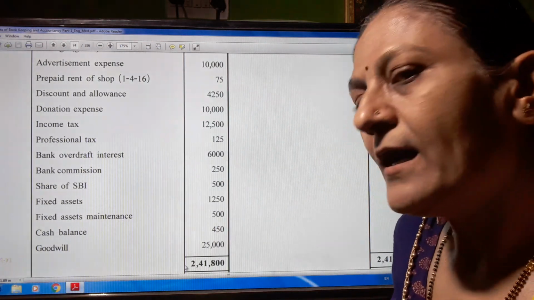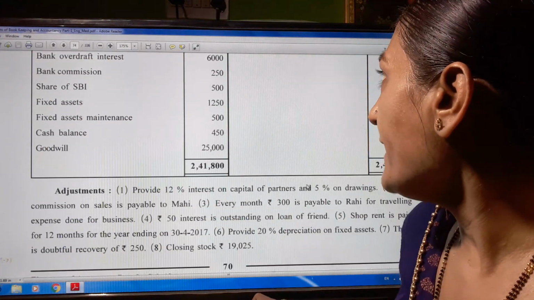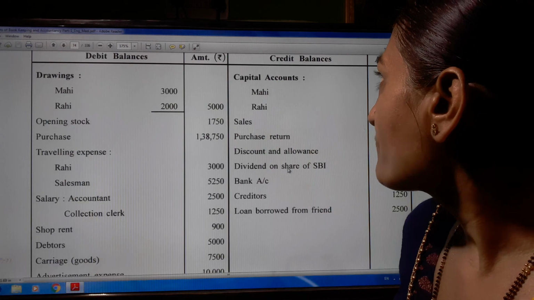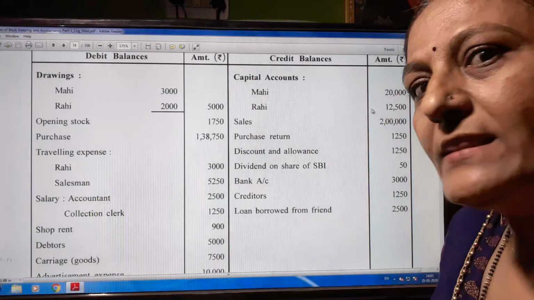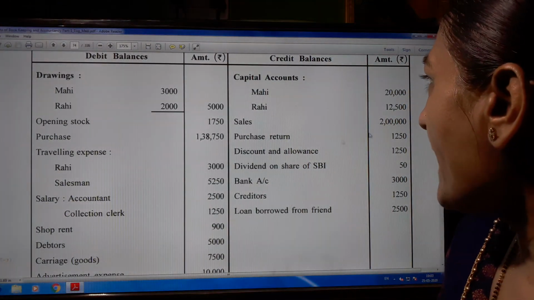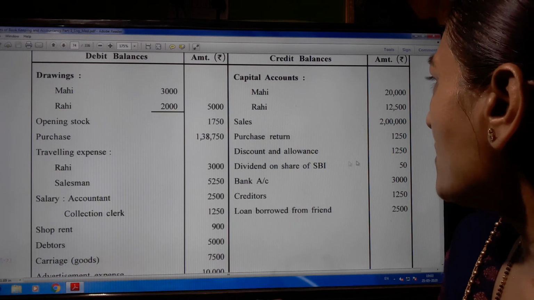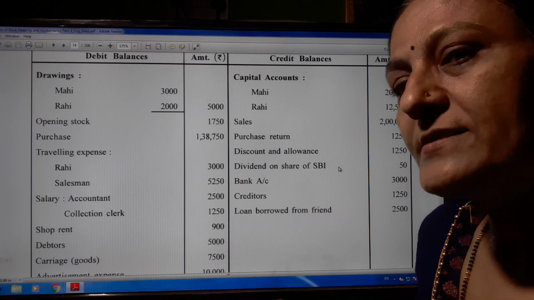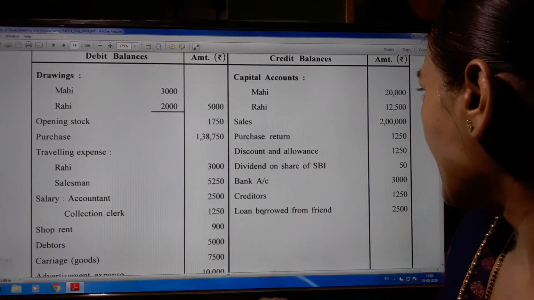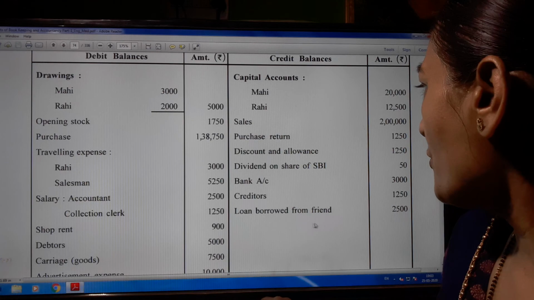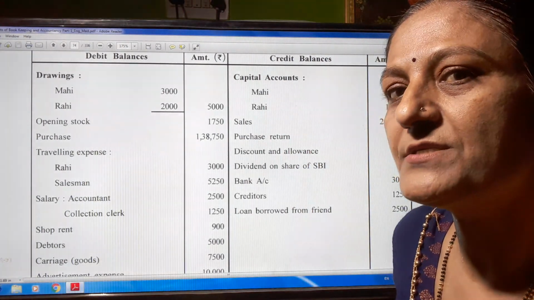So here the total of the debit side is 2,41,800. On the credit side we write the capital account of Mahi 20,000, Rahi 12,500, sales 2 lakh, purchase return 1,250, discount and allowance 1,250, dividend on shares of SBI 50, bank account 3,000, creditors 1,250 and loan borrowed from a friend 2,500. This way all the information is given.